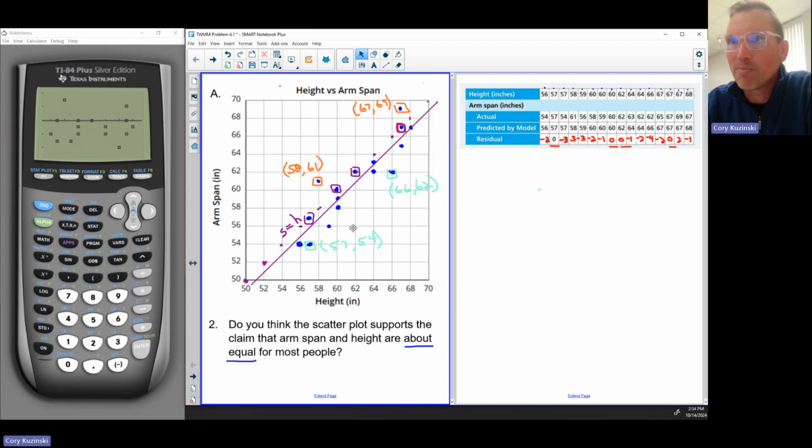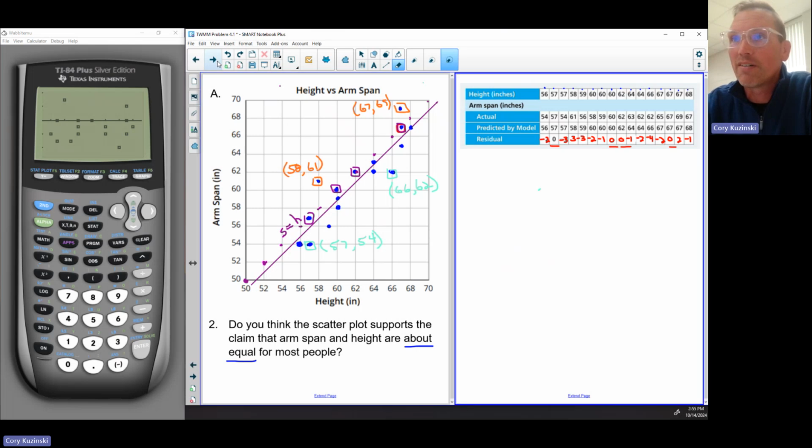I like that line better, because now I've got 1, 2, 3, 4, 5, 6, 7 points under and 1, 2, 3, 4, 5, 6 points above. See, that's a lot better. I'm still fitting the trend, and I've got about the same number of points above and under the line.